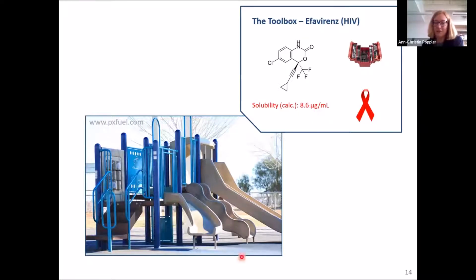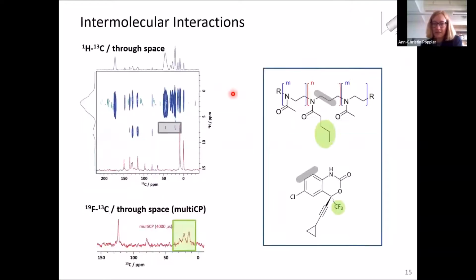And I always call this a big playground because if I look as an NMR spectroscopist at efavirenz, this is what I see. There are multiple possibilities of nuclei that you can measure in experiments that you can try. So this is like our toolbox molecule with which we try to do interesting new experiments. And in this case, we combined experiments with molecular dynamics simulations, and we combined different through-space proximities.